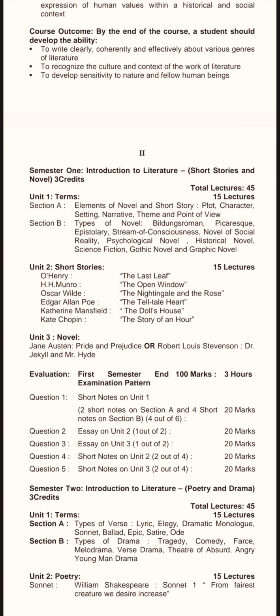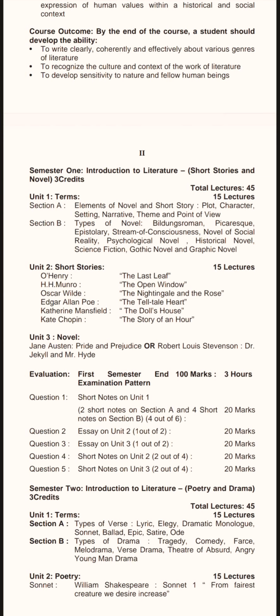Coming to section B, we are going to see a very interesting thing, which is the types of novels. The first is the bildungsroman, which means the coming-of-age novel. In that we are going to see how our main character or protagonist builds his own character.